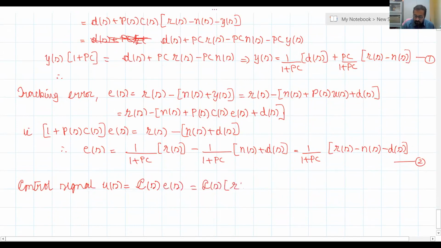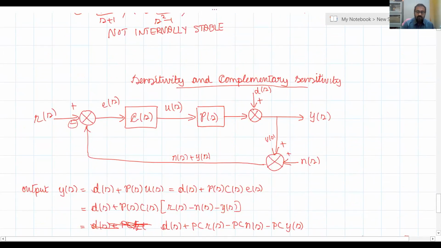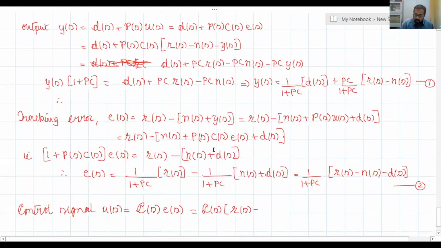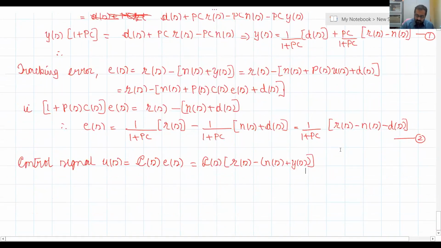C of S into this error, R of S minus N of S plus Y of S. So it becomes R of S minus N of S plus Y of S, or that means it will be equal to C of S R of S minus C of S into N of S plus Y of S.